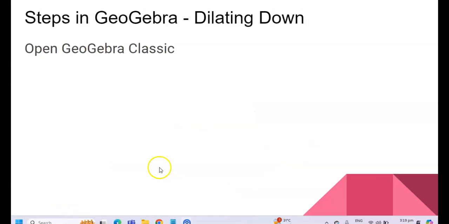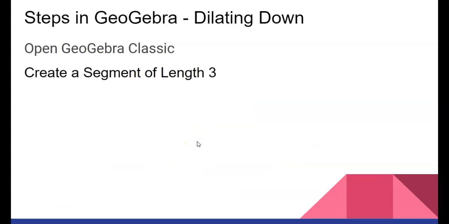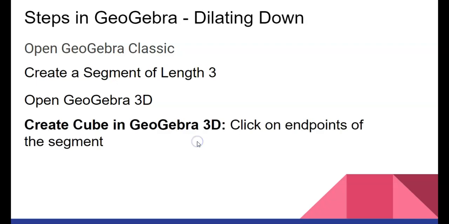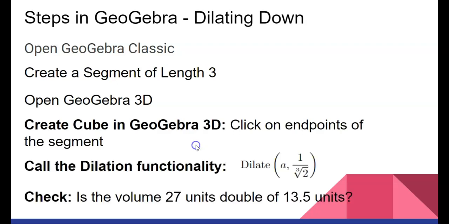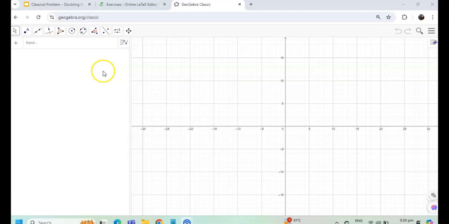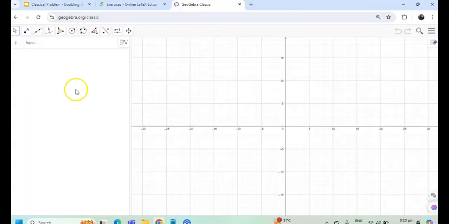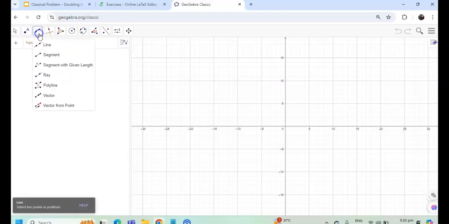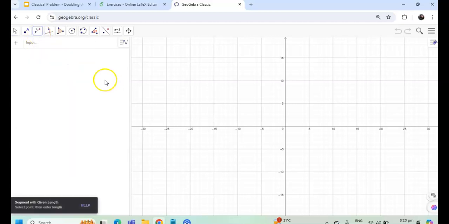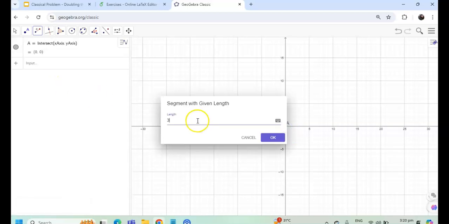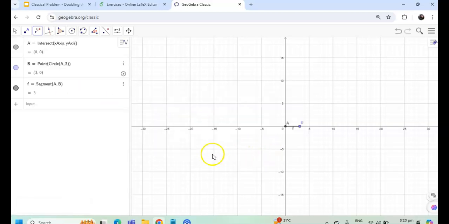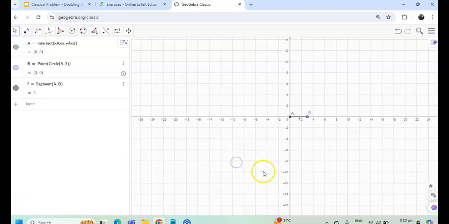So here are the steps of the GeoGebra construction. So first, we're going to create a segment with 3 units. So we say segment with given length, then origin, then type 3. So the side length is 3.